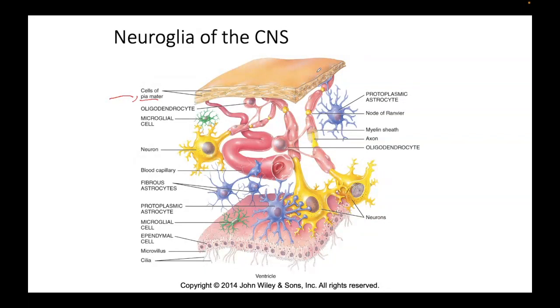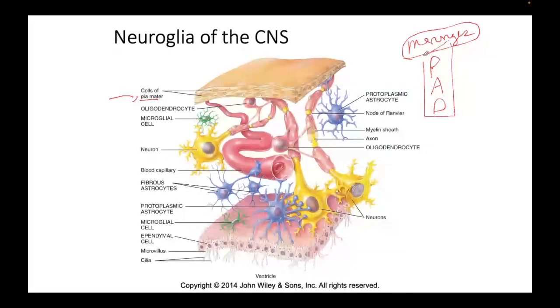You've heard of the term meninges. I have a video on the spinal cord and a video on the brain that goes into the meninges. You've heard of meningitis. And there's the pia mater, the arachnoid, and the dura mater, these three layers. So this is the pia mater.